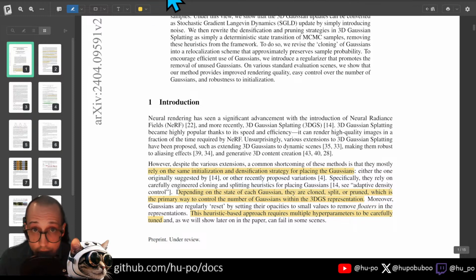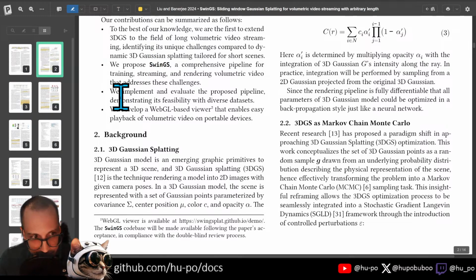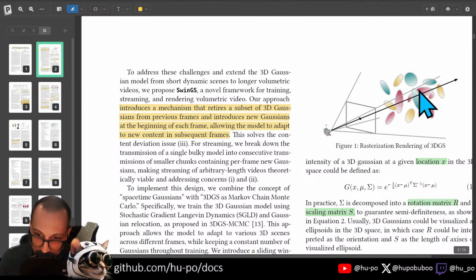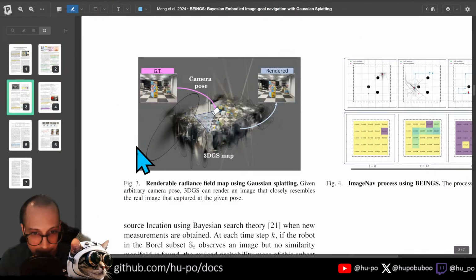So initialization is how do you actually get the original positions for the Gaussian splats, right? At the very first iteration step, you have to decide where these little Gaussian splats are. One way to do that is random initialization: I'm just going to randomly pick XYZ positions for every single one of these Gaussian splats. Another thing you could do is use COLMAP, C-O-L-M-A-P, which is a way of taking a bunch of images, kind of what you would expect from this paper here.